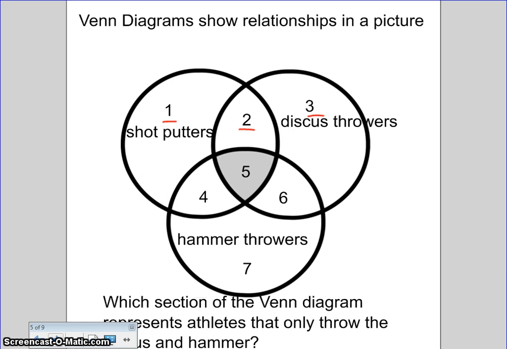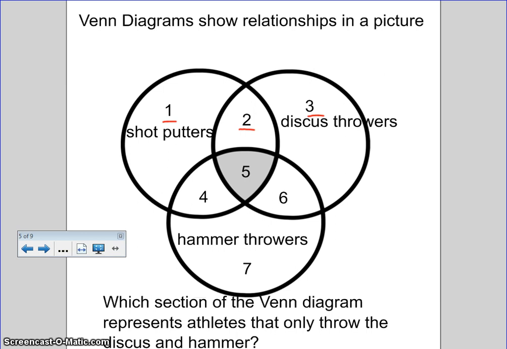And the question at the bottom here, if we can see it on the screen, is which section of the Venn diagram represents athletes that only throw the discus and the hammer? Now, only throw the discus and the hammer means that they throw the discus and the hammer and nothing else.